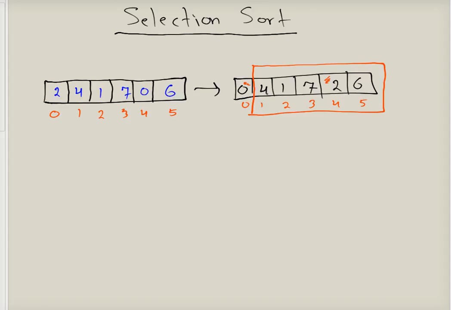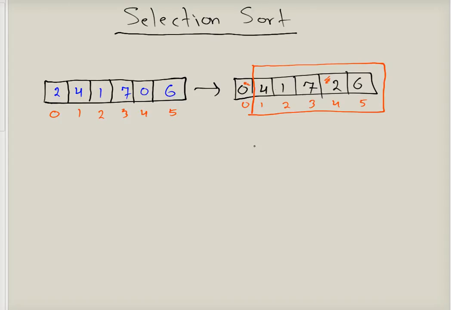So now it's going to go through the array again. It's going to traverse and find 1 to be the lowest number in this remaining array, at index 2, by comparison. So it will be swapped with the number at index 1, because the next lowest number has to be adjacent to the previous lowest number.